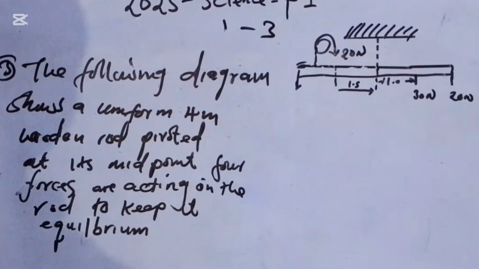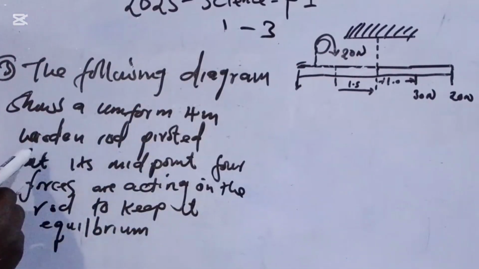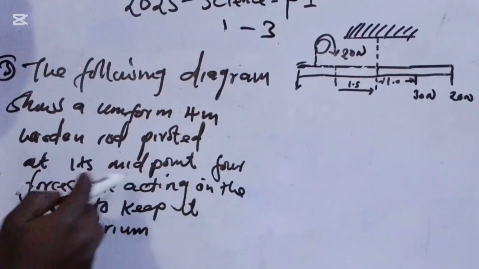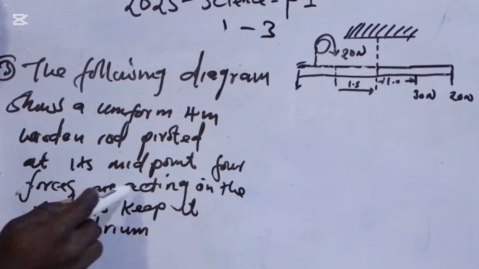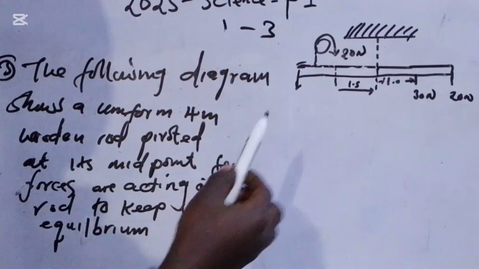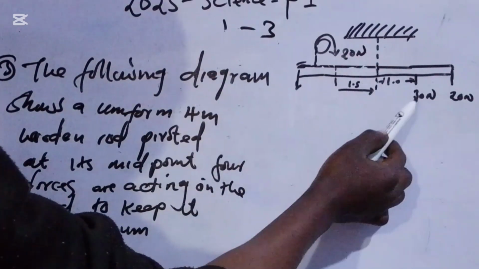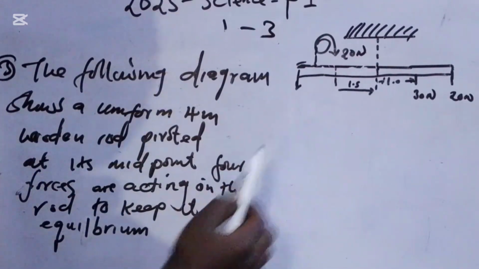Now let's move on to question 3. The following diagram shows a uniform 4 meter wooden rod pivoted at its midpoint. 4 forces are acting on the rod to keep it in equilibrium. So these are the forces, which is 1, 2, 3, and this force which is here.